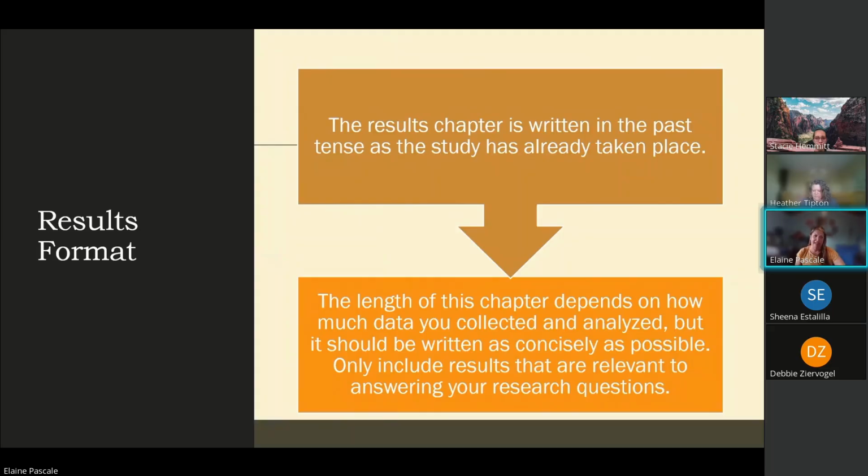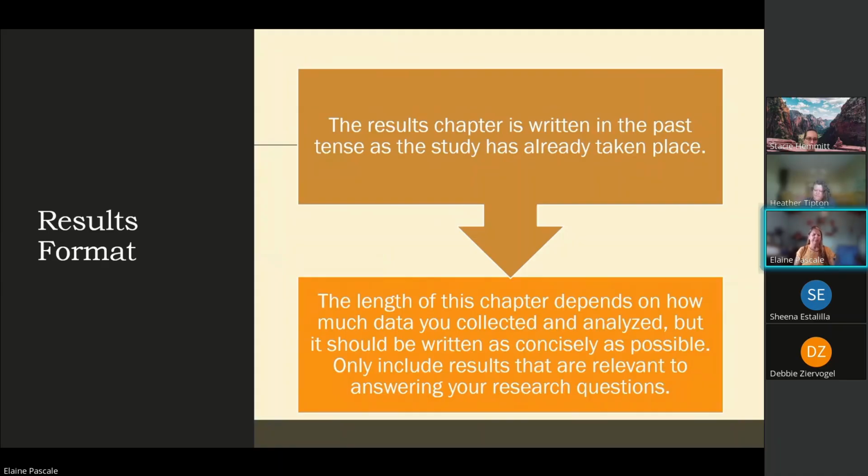Don't worry about the length. A lot of writers get hung up on the length of their results chapter or section. It really varies depending on the project. Some projects are going to have a lot of tables and figures. Some projects will have a lot of quotations or verbatims, and that's going to make them longer.